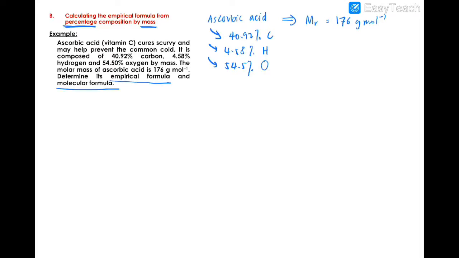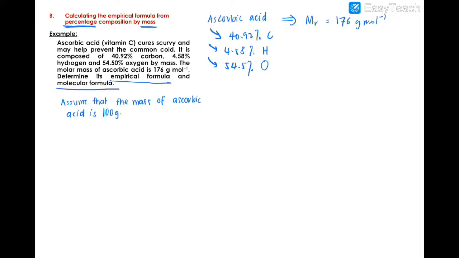So in order untuk cari empirical formula, kita akan guna Mamora table. Tapi macam Miss cakap tadi, ada satu extra step yang kamu kena tulis dahulu. So first thing yang kamu kena buat sebelum guna Mamora table is to write down, assume that the mass of ascorbic acid is 100 gram.